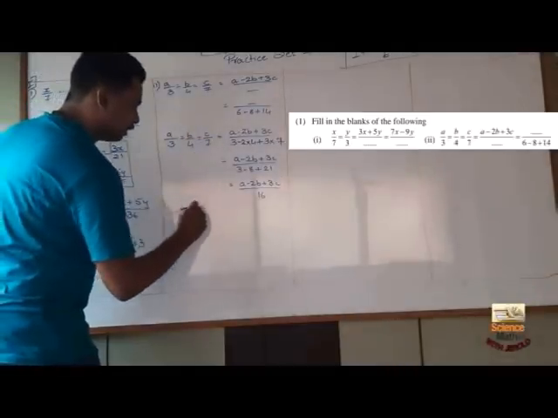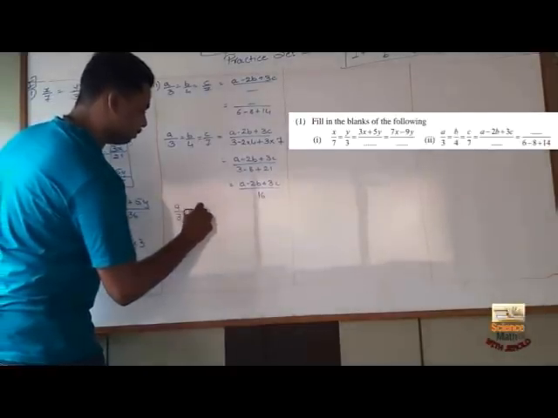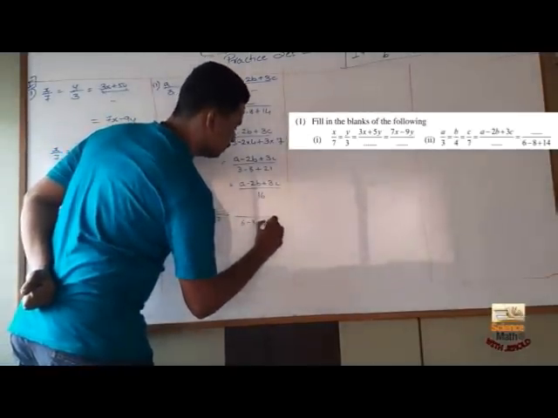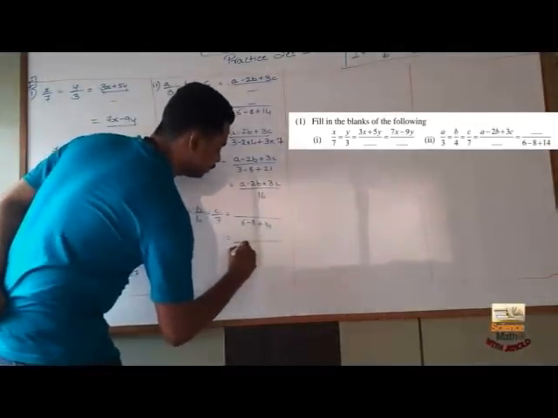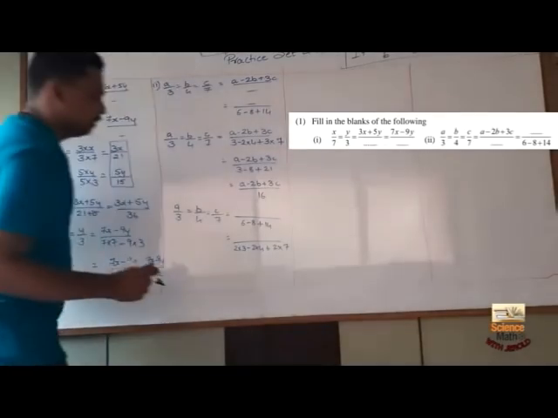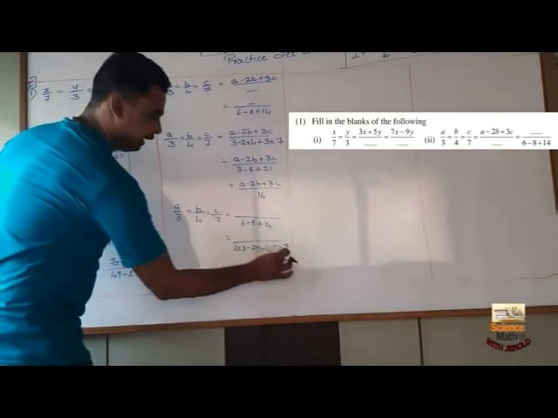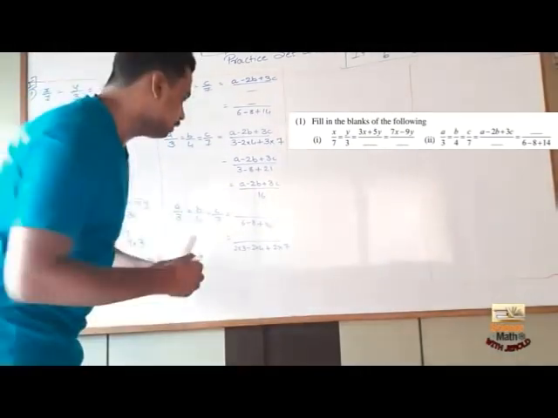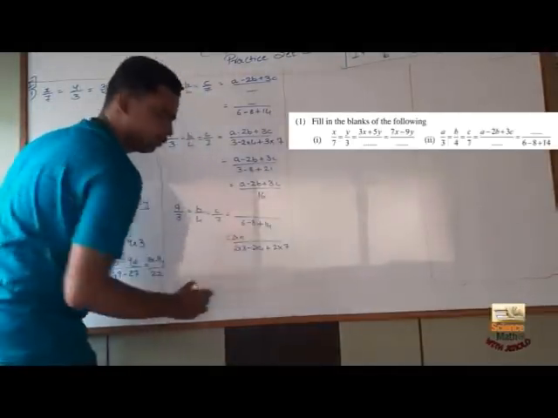Now the second part, the denominator. I am given a upon 3 is equal to b upon 4 is equal to c upon 7, and I have the denominator 6 minus 8 plus 14. This is equal to 2 into 3 minus 2 into 4 plus 2 into 7. Why did I do 2 into? Because I had to bring the numbers 3, 4 and 7, which make the numerator. 3 has the variable a, multiplied by 2.